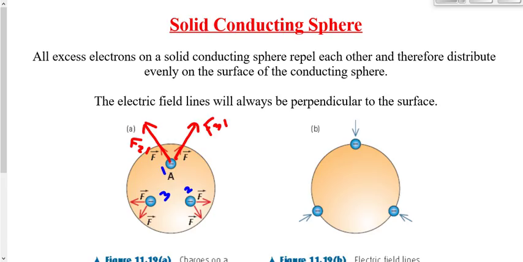Which way is the net force acting on number 1 as a result of number 2 and number 3? If I'm pushing it up and to the right, and I'm pushing it up and to the left, the net force is which way? Straight up. Good. So we're going to draw the net force acting on this up like this. In other words, that charge gets pushed to the outside.